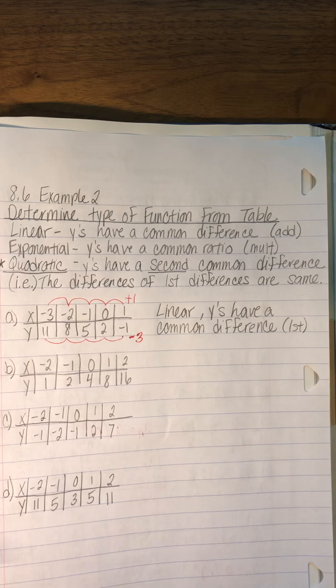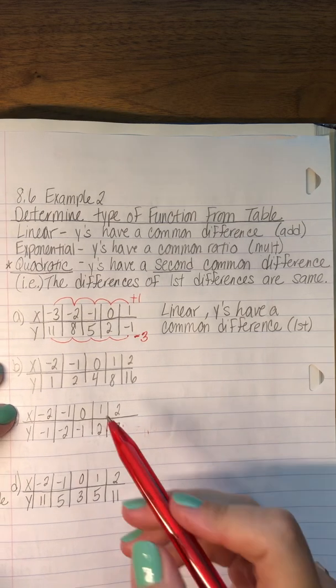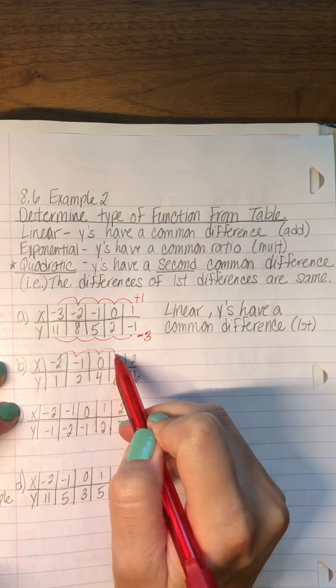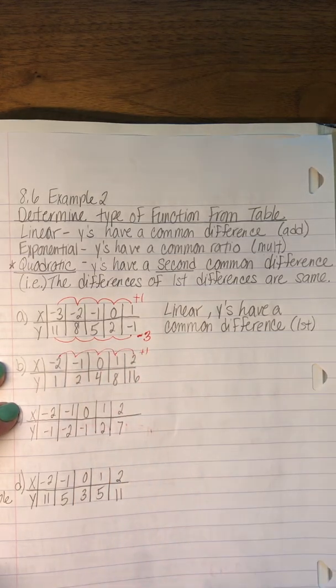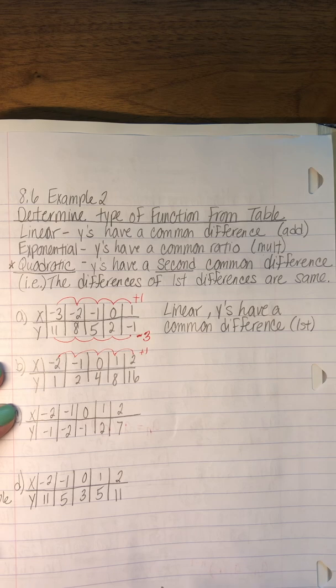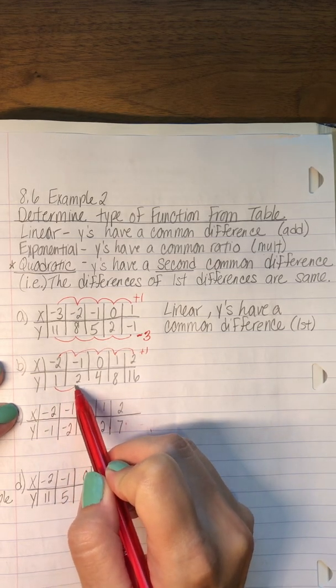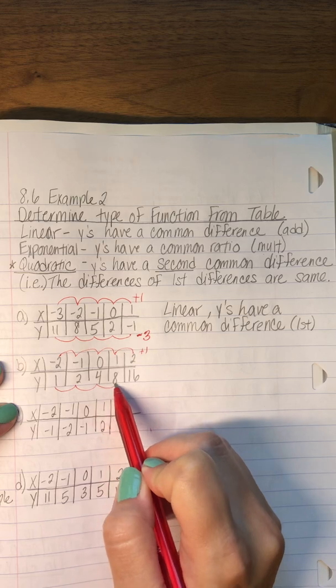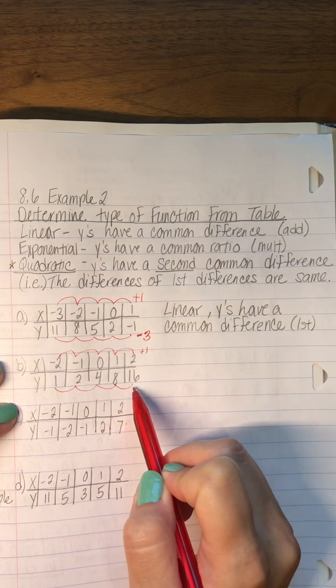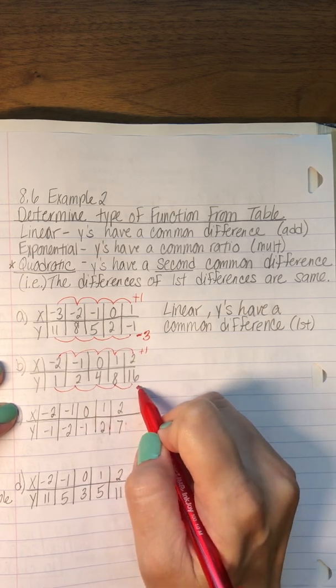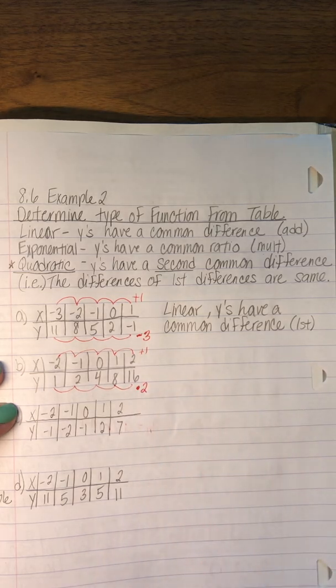Okay, let's look at example B. Again, we want to check the x's. So we can see here our x's are increasing by 1, which is a good thing. Now let's look at our y's. Our y's are going from 1 to 2 to 4 to 8 to 16. Our y's here are definitely multiplying by 2 every time.